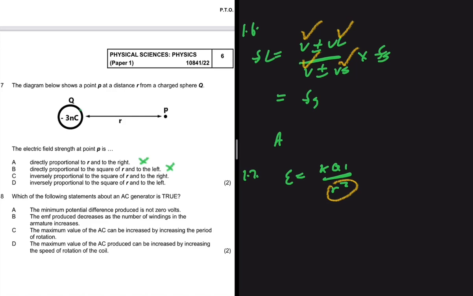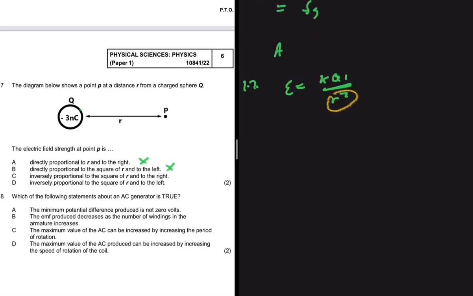And then C, inversely proportional to the square of R and to the right. And then D, inversely proportional to the square of R and to the left. Right, so now we just need to look at whether it is to the right or to the left. It is indeed inversely proportional to the square of R, as we can see from our formula. So now we have to ask ourselves, Q is negatively charged.